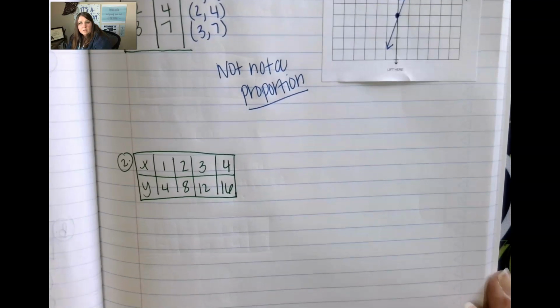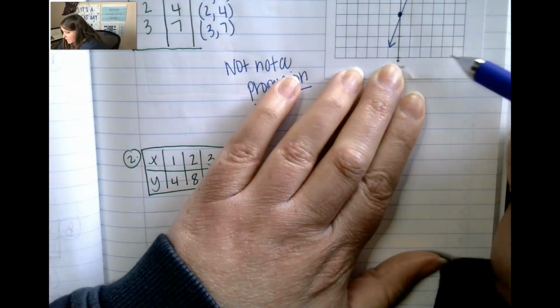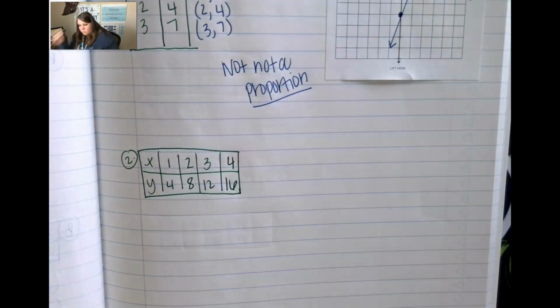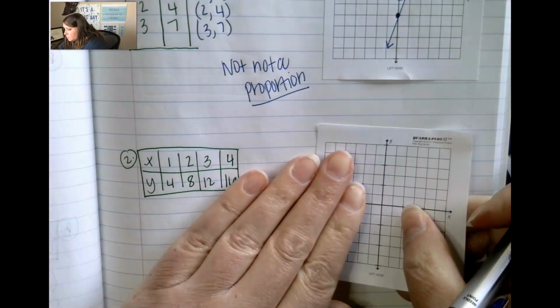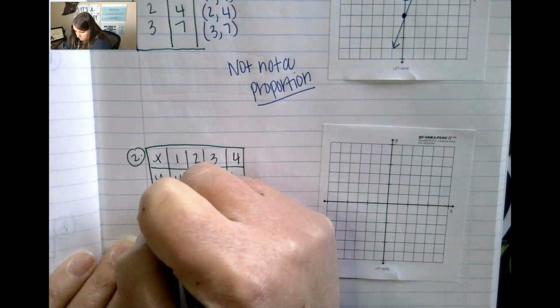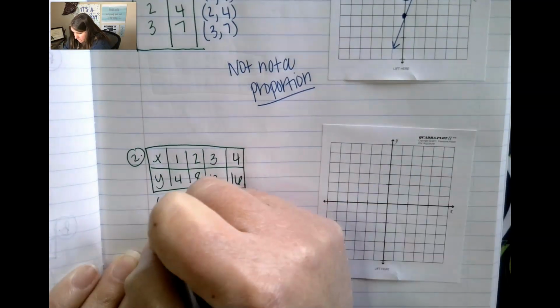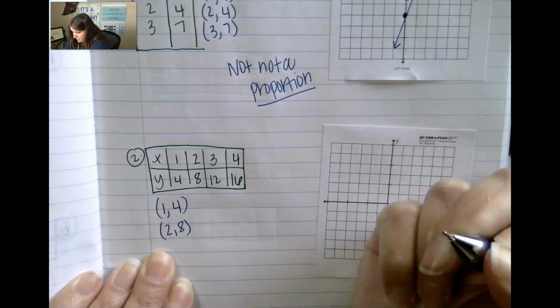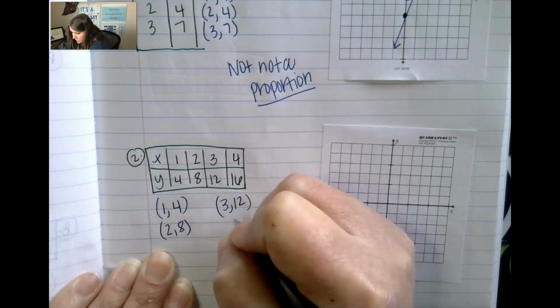On the next one, I think, let's see here. 2, 4, 6, 8, 10, 12. We can go to 12. Okay, so let's go ahead and do this one. I'm just going to count by 2s on my paper today. So 1, 4 is my first ordered pair. 2, 8. 3, 12.